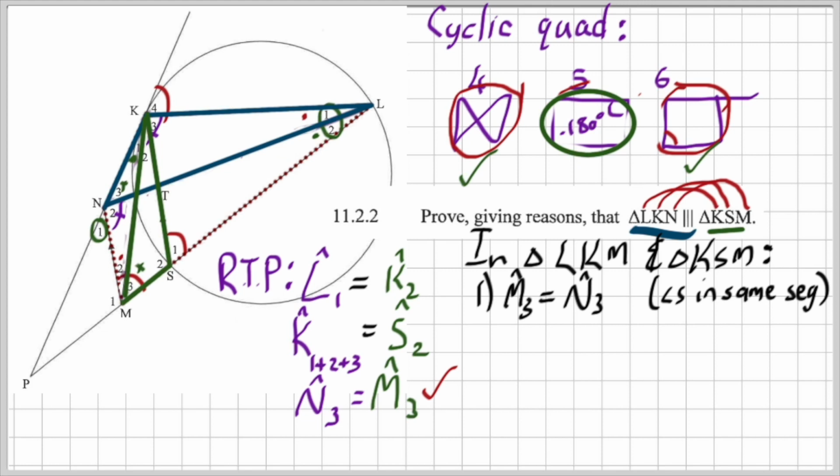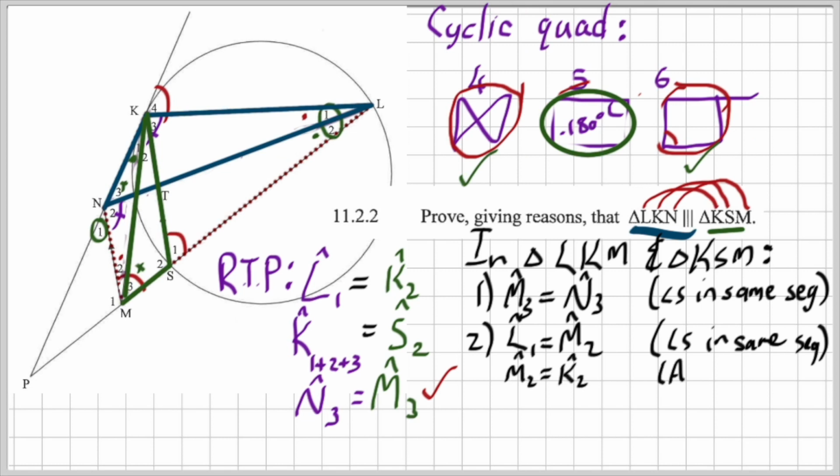Well, L1 is M2. But M2 is equal to K2 because of alternate angles. So I'm going to do that. L1 is M2 because of angles in the same segment. M2 is K2 because of alternate angles, and I mustn't forget my parallel lines. And therefore, L1 is equal to K2.